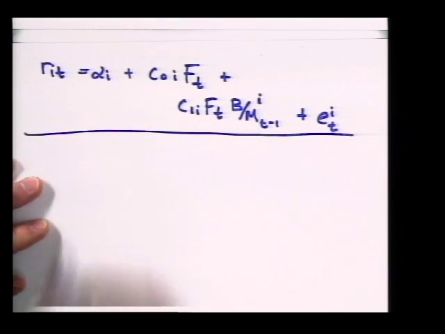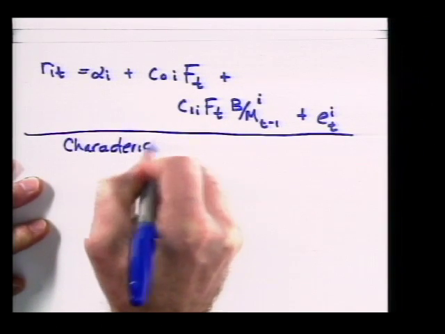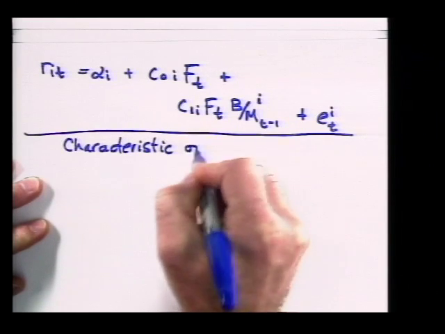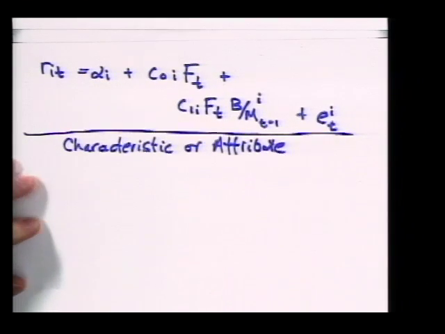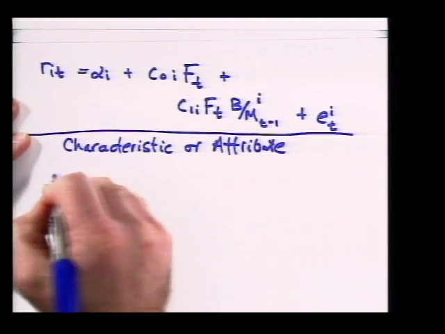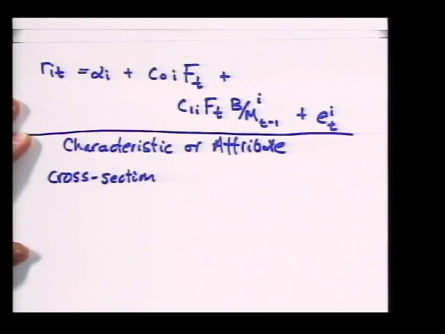There's a lot of practitioner models, which I'll call characteristic or attribute-based models, where we try to explain the cross-section of returns. So we're trying to pick the winners from the losers. So cross-sectionally, we're regressing the returns on many different assets at a point in time.